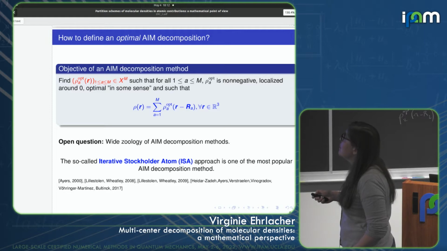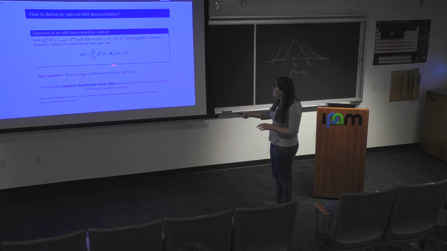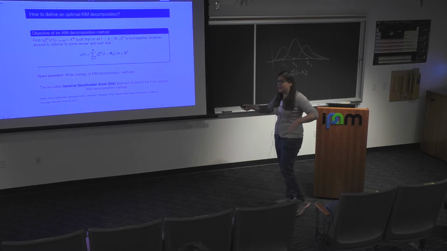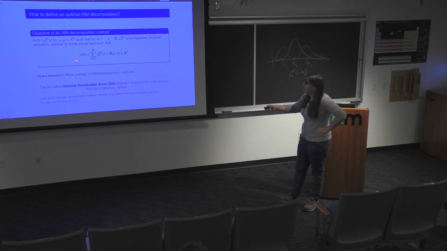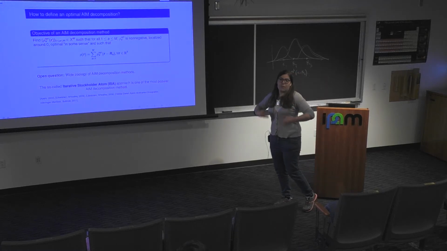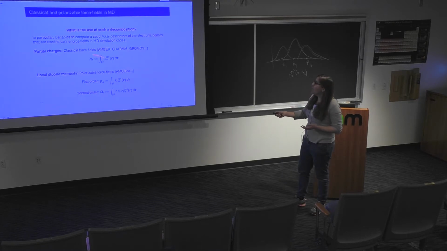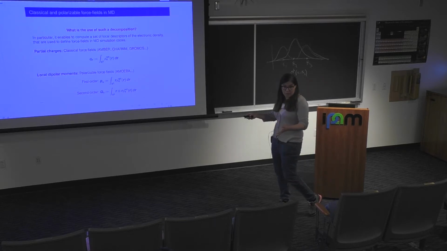What I want to do is to find a set of M atomic local electronic densities, which are as much as possible localized around zero, and which enable us to represent my full molecular electronic density under this form here. And I want them to be optimal in some sense, hopefully in some physically relevant sense, so that, for instance, computed partial charges are as close as possible to what is observed for the molecule.